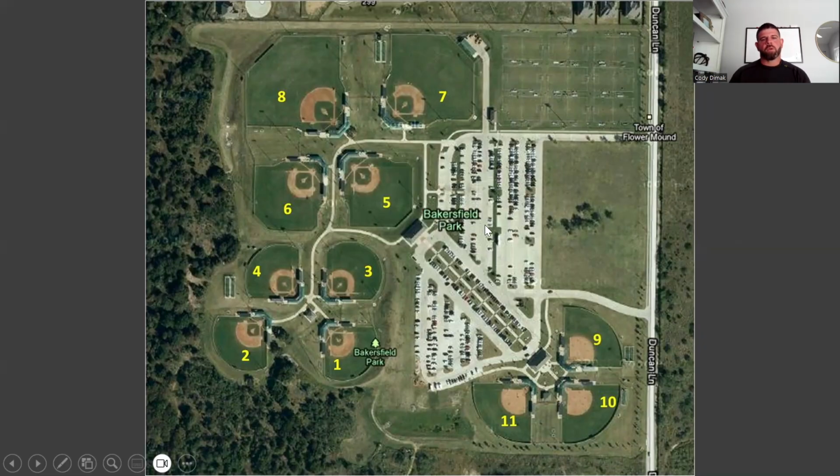Okay. What the traditional approach does is it says, okay, players 1 through, let's say there's 15 players on the team, players 1 through 15. We understand that you all live in Flower Mound, Texas, and you live at various points in Flower Mound, Texas. Some of you live south of the park. Some of you live north of the park.